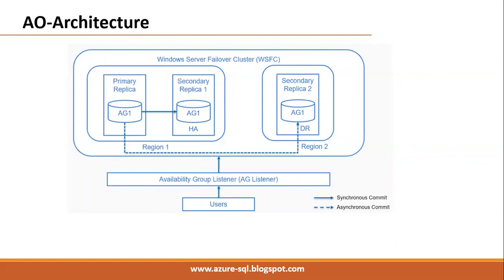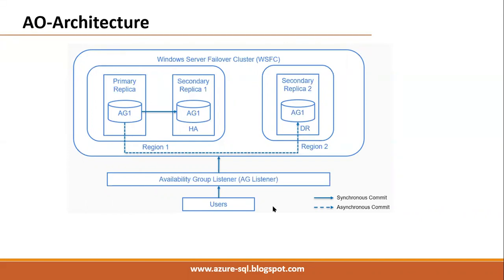Okay, so this is how Always On is working. That's why we have seen Windows failover cluster is required. In that cluster, the machines should be there, either in the same region or in different regions.